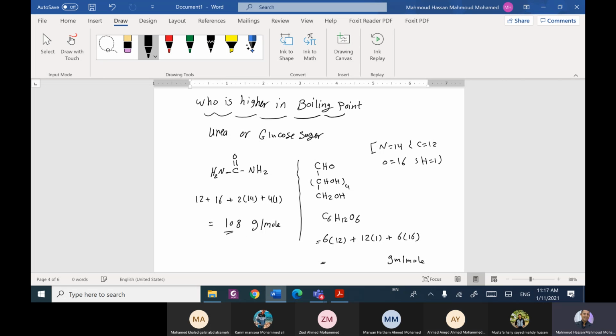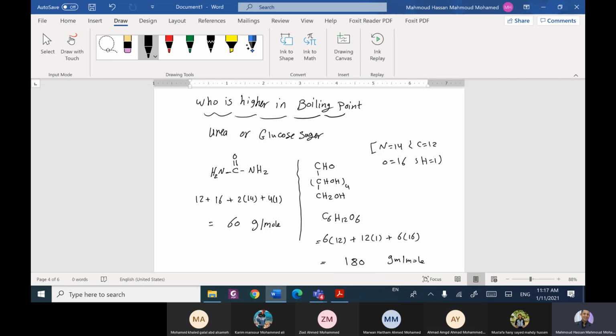What about the molar mass of the glucose sugar? The glucose sugar is 180. So the glucose sugar is 180, but for the urea, 60.